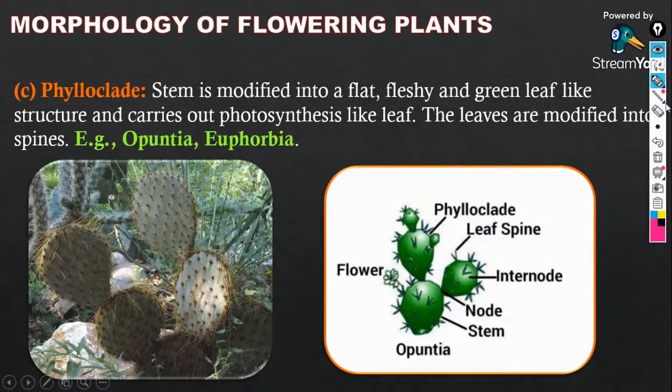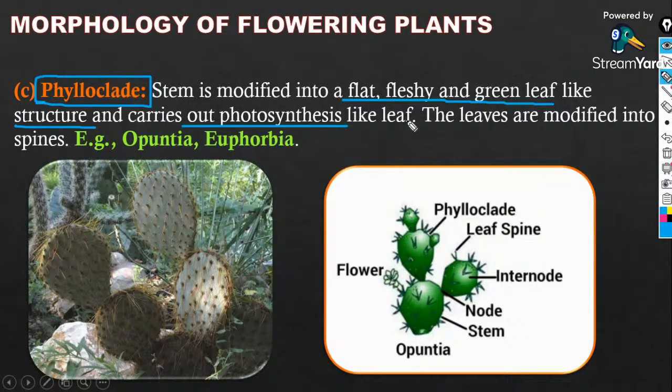This is a new word to everybody, so listen carefully, then only you will understand. Phylloclade. What is Phylloclade? The stem is modified into a flat, fleshy, green leaf-like structure that carries out photosynthesis.